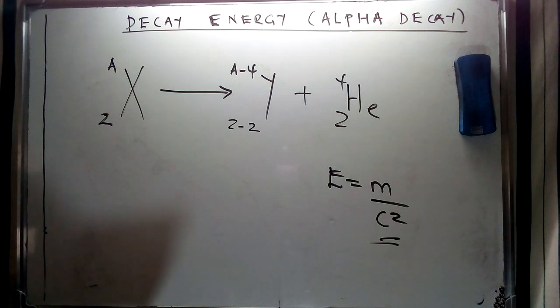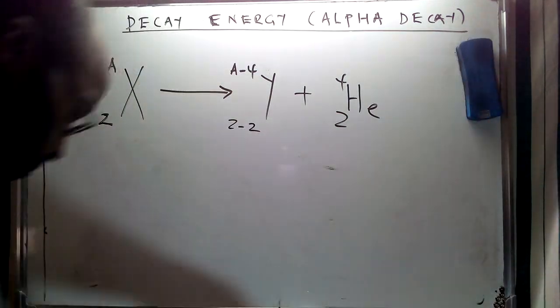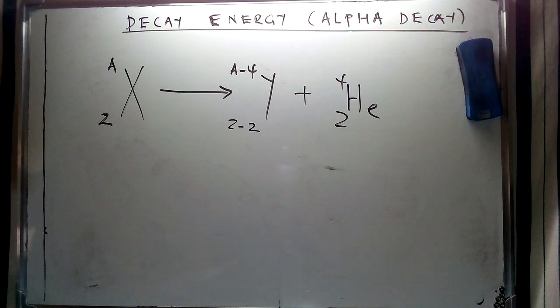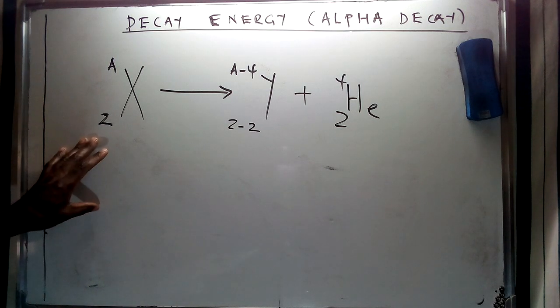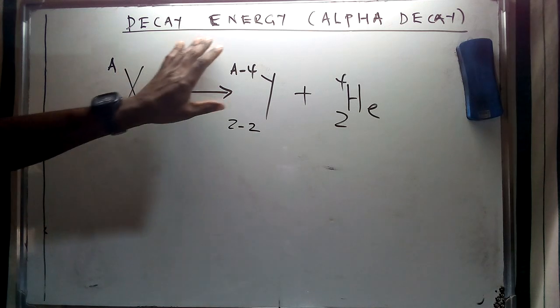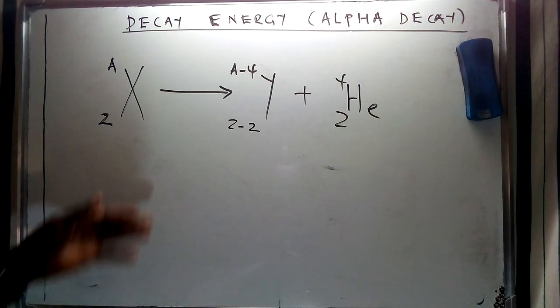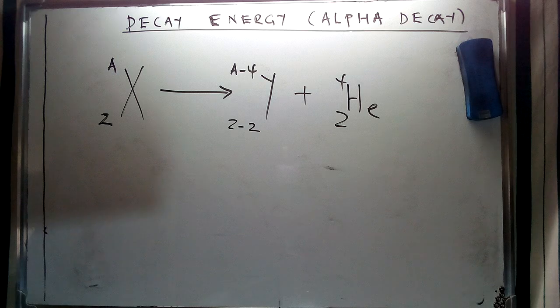This ratio is given in terms of mega electron volts. Therefore, the decay energy for this alpha decay is going to be calculated from the atomic masses that we have mentioned.